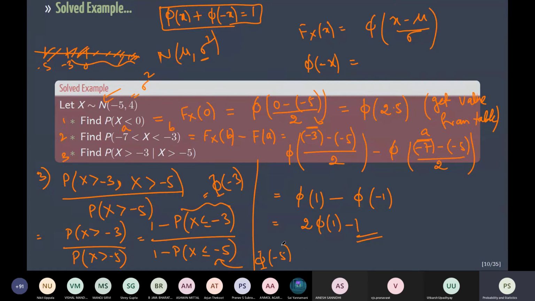After that, I leave it up to you. Because phi values are known, you will use this form and finally get something in terms of phi. So we can solve problems with normal distributions like this, using phi values, and we keep it in terms of phi, we don't go for an explicit answer. So this was the solved example.